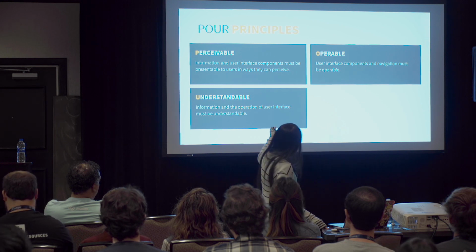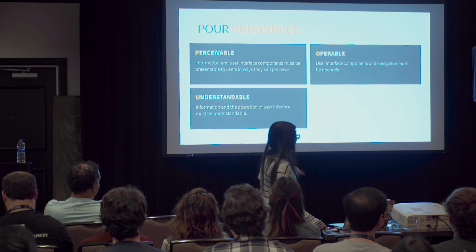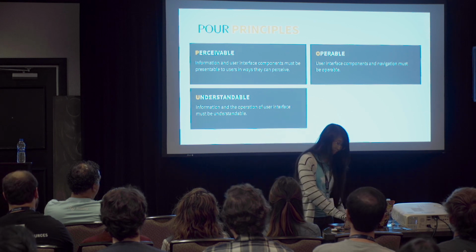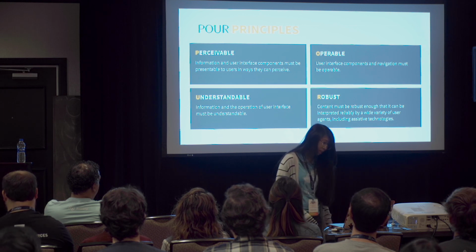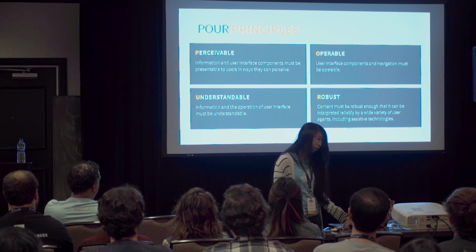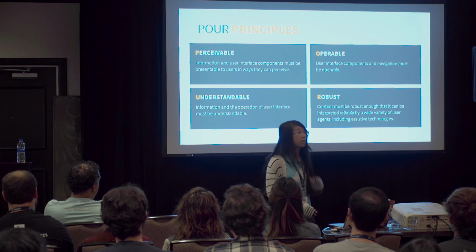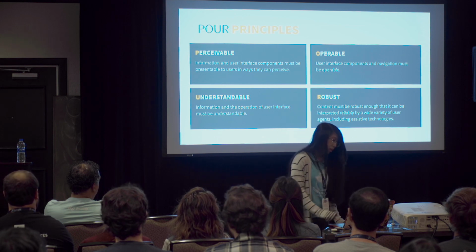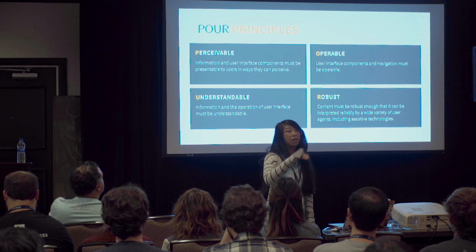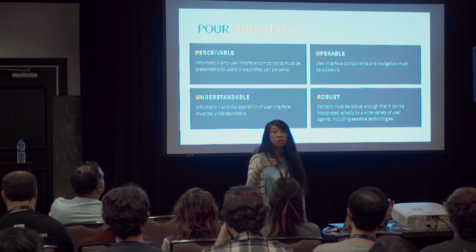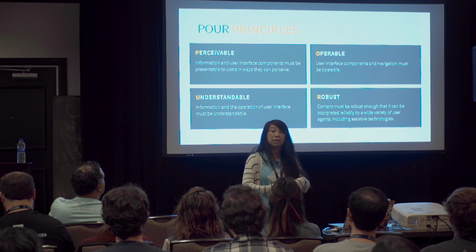You could probably deduce what it means just by the name, but I'm writing them down here for you guys. Robust. Content must be robust enough that it can be interpreted reliably by a wide array of user agents, including assistive technologies. So with these principles, they are divided into guidelines, and guidelines have testable success criteria, and that's what you would use to test that your site is accessible.